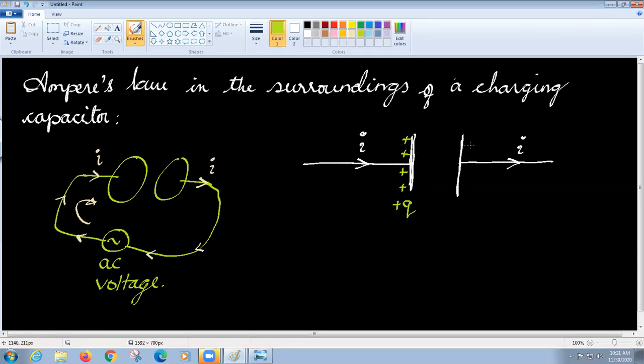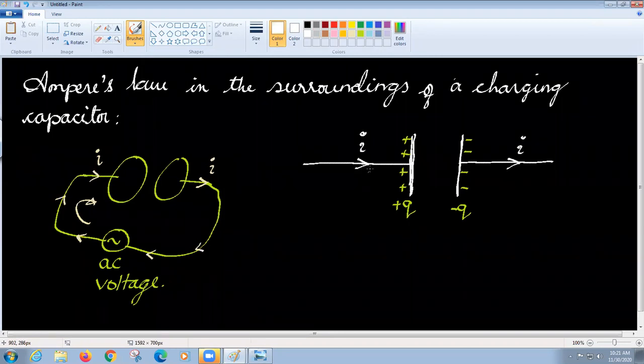And on this plate, negative charge will be increasing, because the leaving current will extract the charge. So you have charge buildup on the two plates. We're not going into the physics details of this, expecting you know these things already.